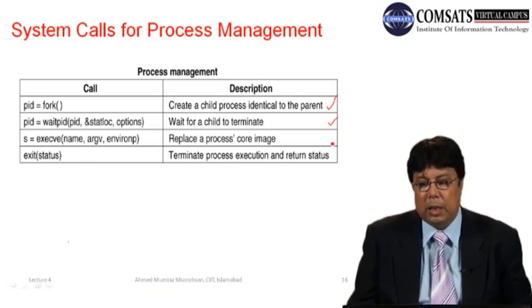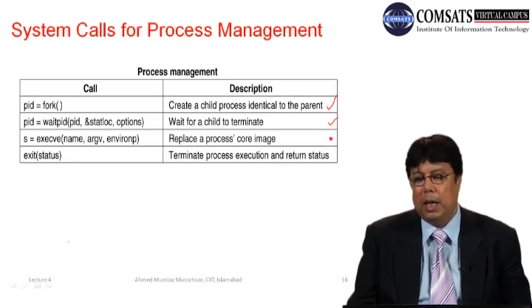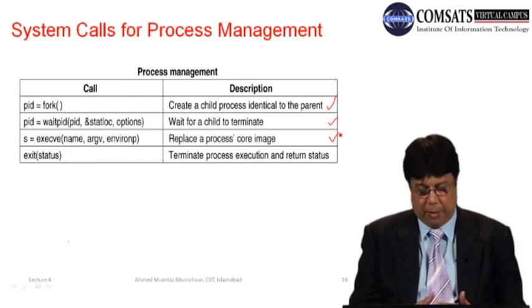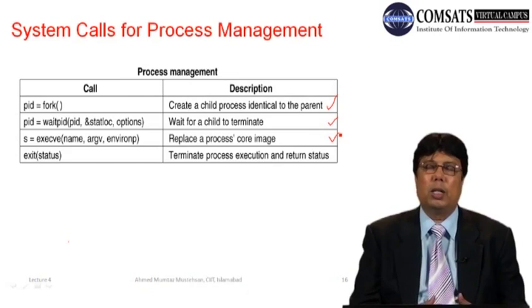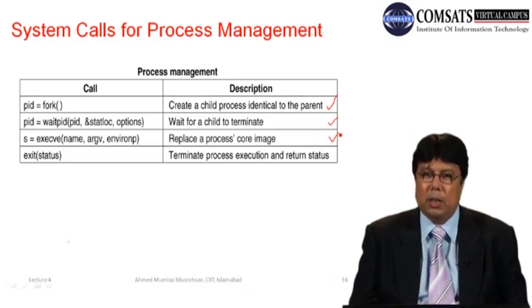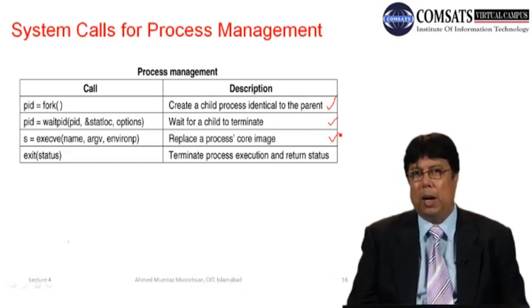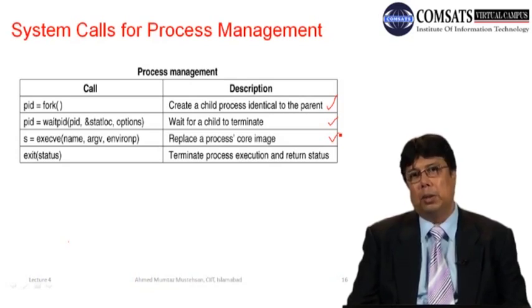Exec replaces the process core image. Basically, you want a certain program executed. For example, you have submitted a certain command to execute, like the example we gave you, the cat command: concatenate 3 files and put the result back.